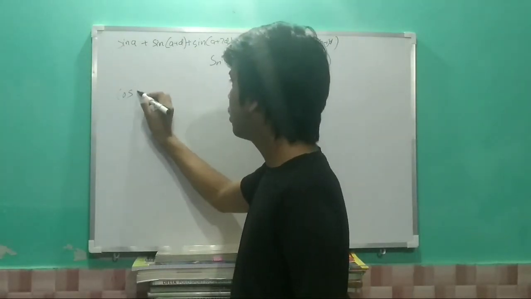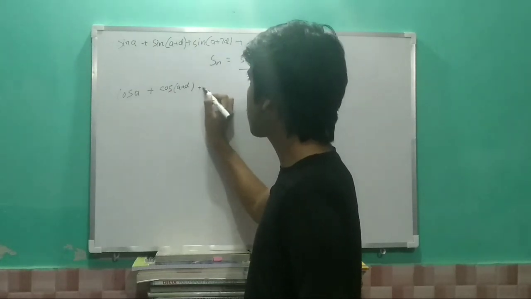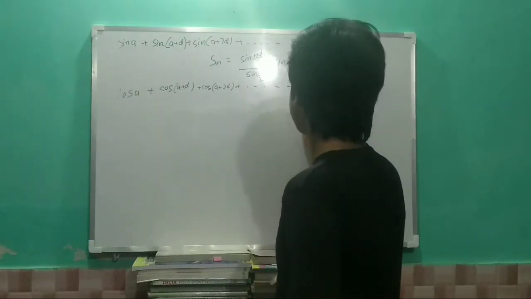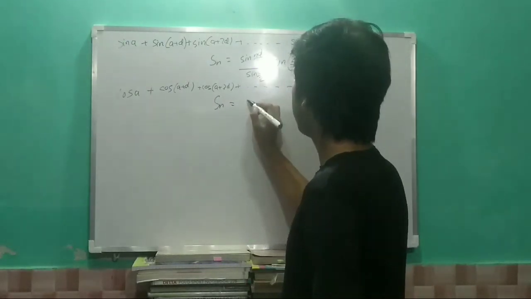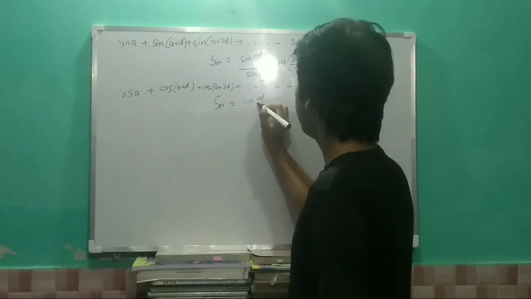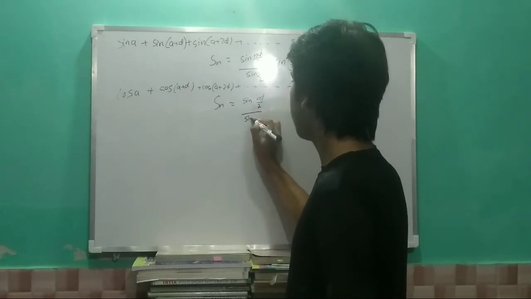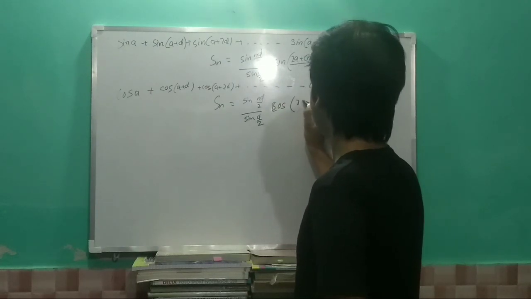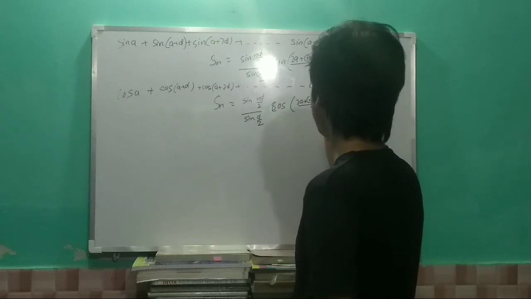Similarly, when the series is in cos, cos A plus cos (A plus D) plus cos (A plus 2D) plus ... cos (A plus (n minus 1)D), then the formula will become sin nd by 2 over sin d by 2 into cos of (2a plus (n minus 1)d) by 2.